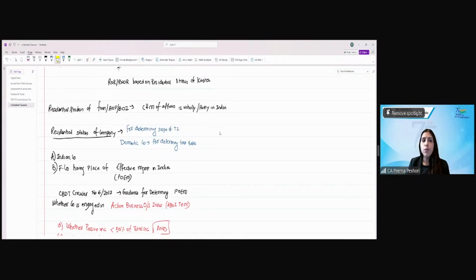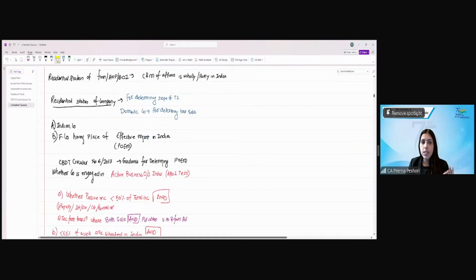Now, coming to the point of what do we mean by the place of effective management in India? What is the meaning of place of effective management? There are 4 conditions to be satisfied.